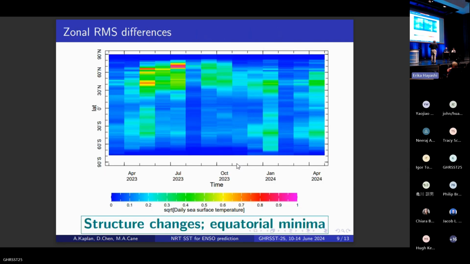Now, does it matter? Interesting thing, though: I wrote here that the structure changes, but in the equatorial minimum plots I showed before, there were fewer differences on the equator. So when we start a forecast, the index which people mostly predict, and among other things report and compare, is NINO 3.4.